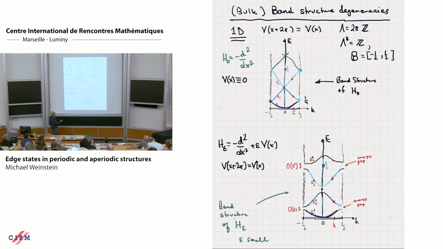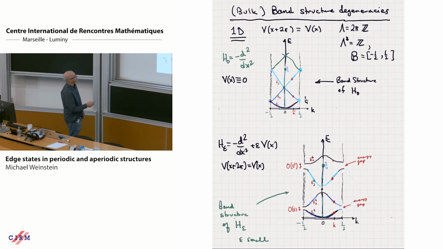You get a gap in the energy. The spectrum is the image of all of the band functions, so it just sweeps out intervals now with gaps. Here the spectrum, of course, is that of the Laplacian. It goes from 0 to infinity, and here it's a semi-infinite interval with gaps.